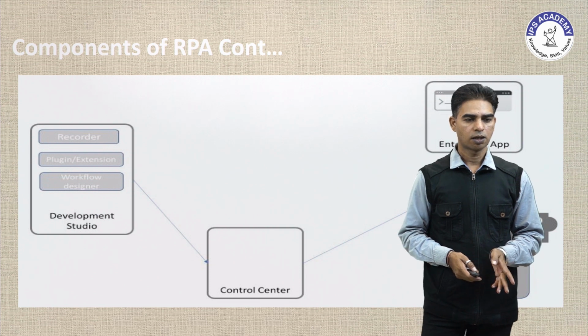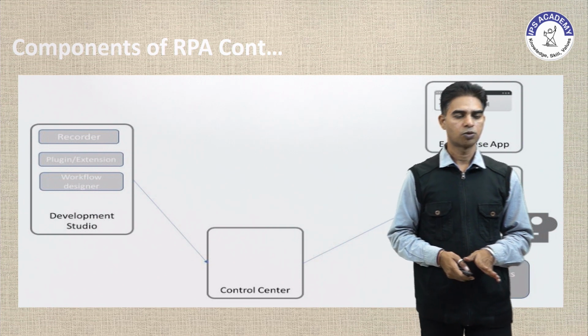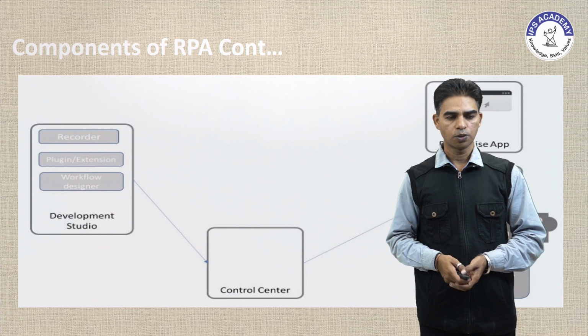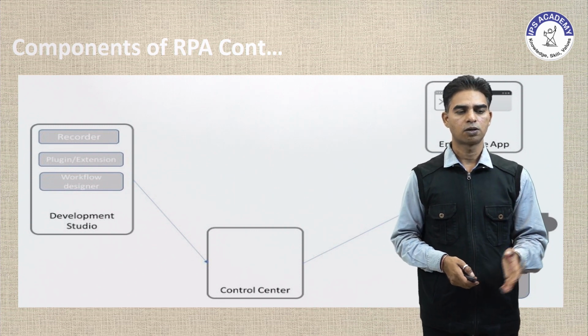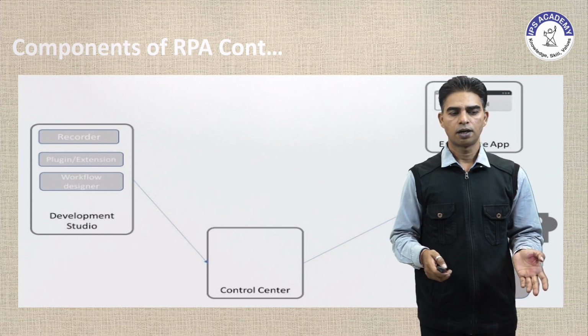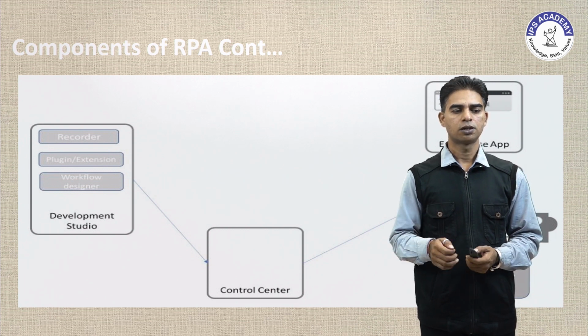Look at the development studio. Whenever you install the studio in robotic process automation, three things are already there. One is the recorder. How does it work? It records all the steps.